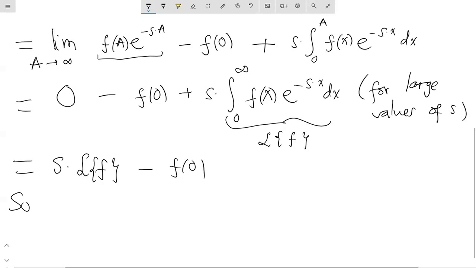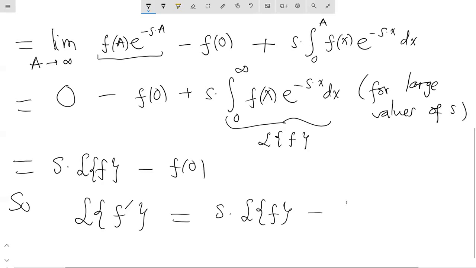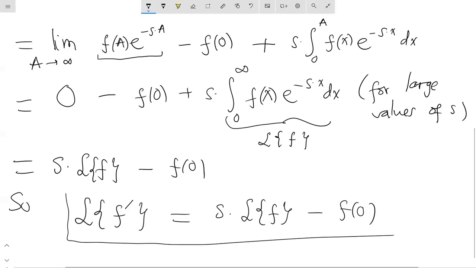This is an important relation. The Laplace transform of f prime is s times the Laplace transform of f minus f of 0. Because of this formula, we may use the Laplace transform to solve differential equations.